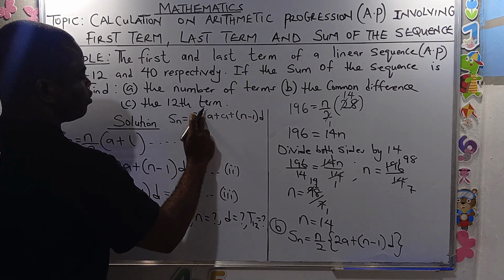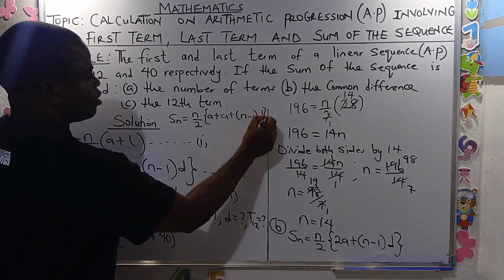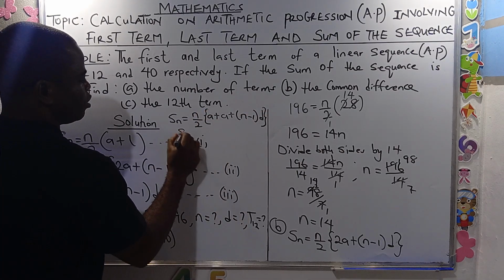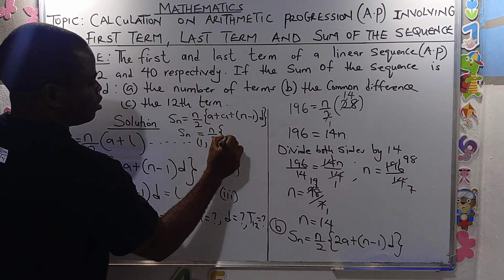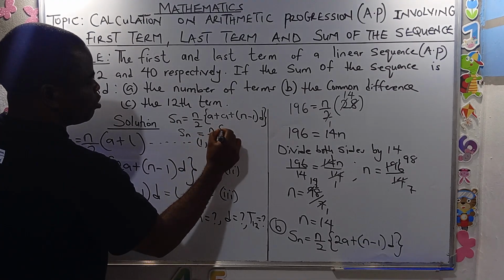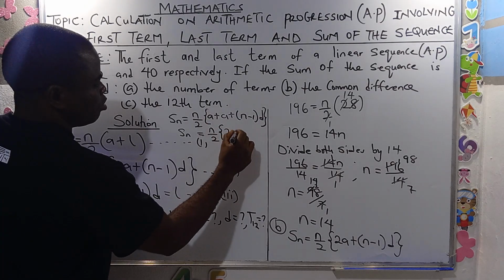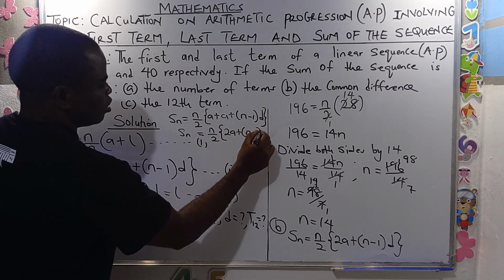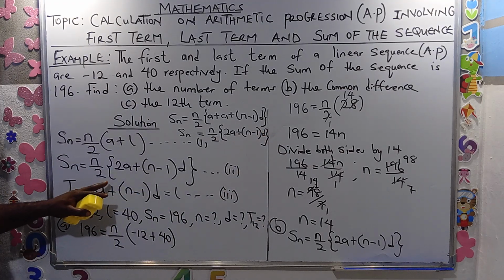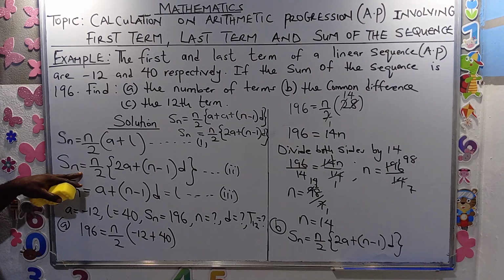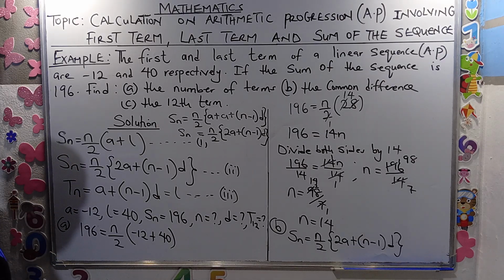They use curly brackets for the outside bracket. Now the sum equals n over 2, open the curly bracket, a plus a, that's 2a, plus n minus 1, close the bracket, d. You can see you have derived the second sum formula of the AP. Now let's continue.